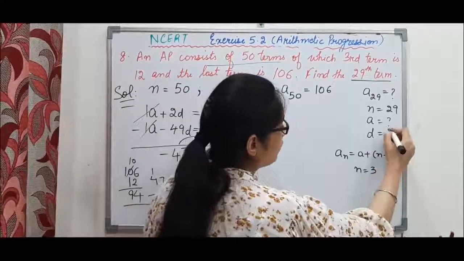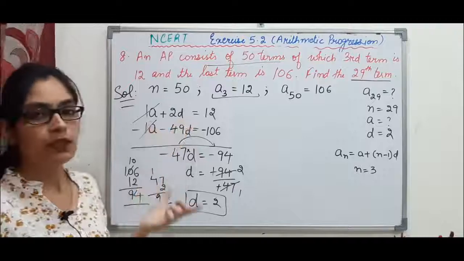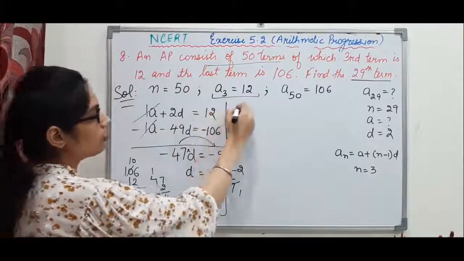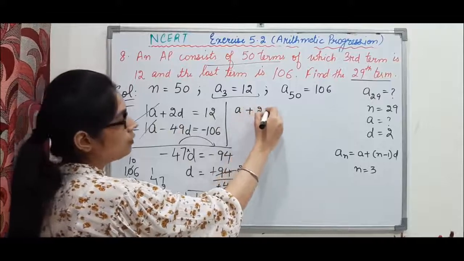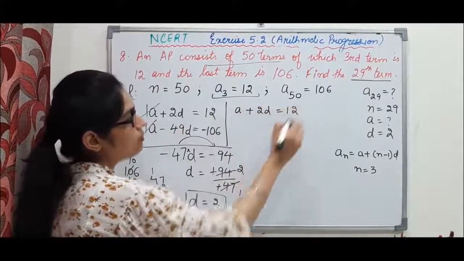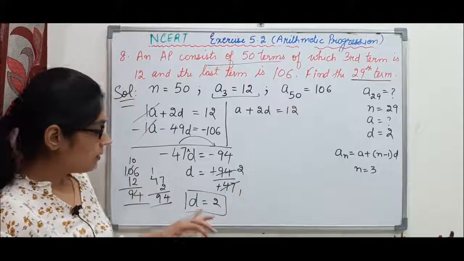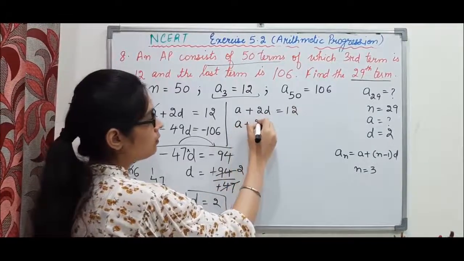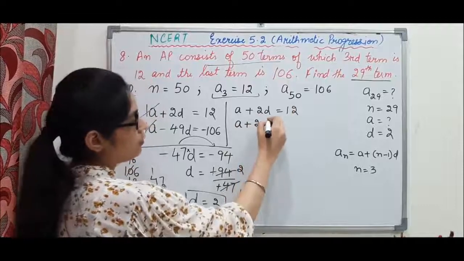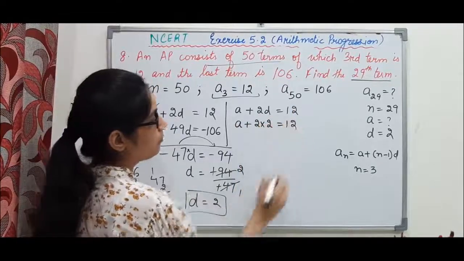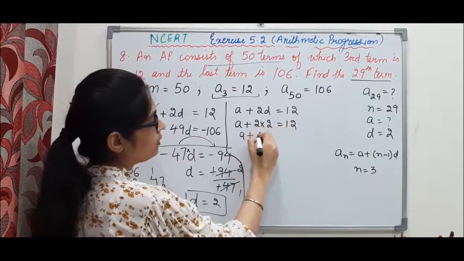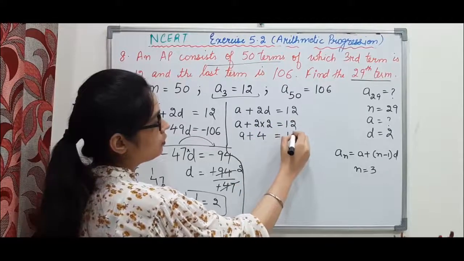Now we can find the value of A also by substituting the value of D in any of these equations. I will substitute in the first equation, because the numbers are small, so the calculations will be small. A plus 2 into D, D is 2, so 2 into 2 is 4: A plus 4 is equal to 12.